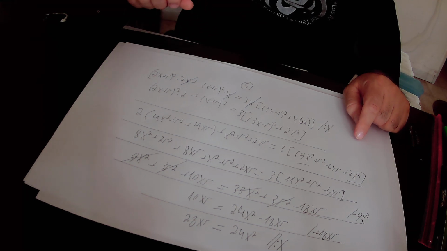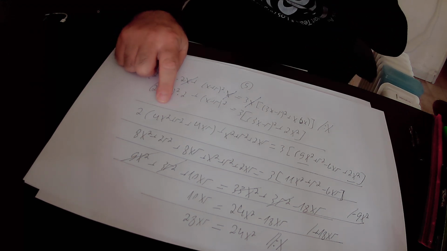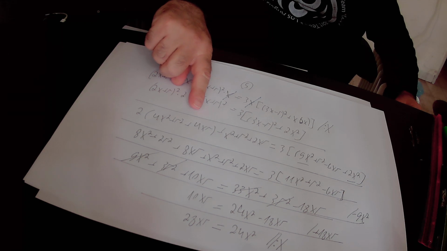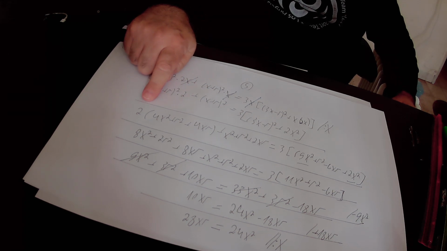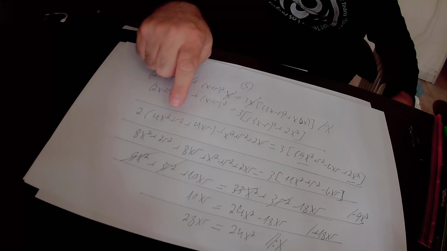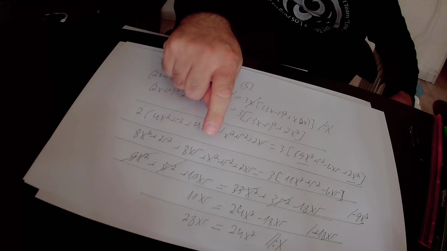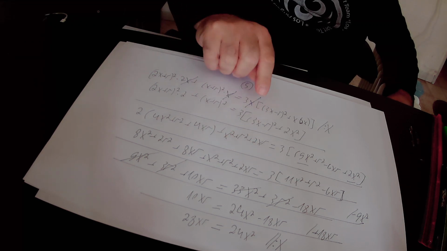Okay, so we multiplied all the expressions inside the equation by 2. 2 times 4x squared is 8x squared, 2 times r squared is 2r squared, and 2 times 4xr is 8xr, plus x squared plus r squared plus 2xr.